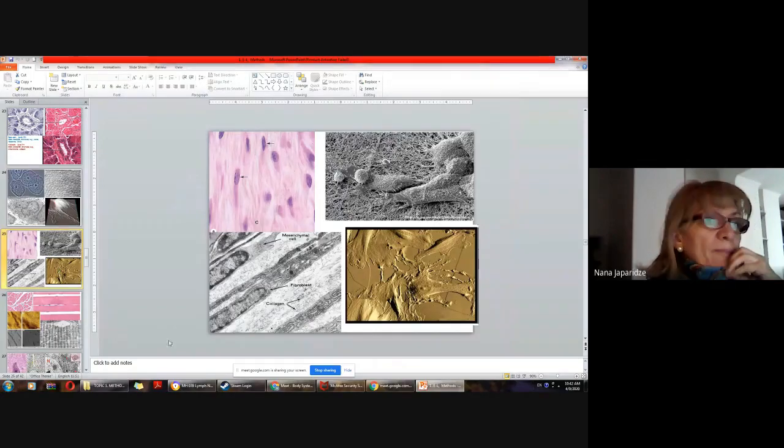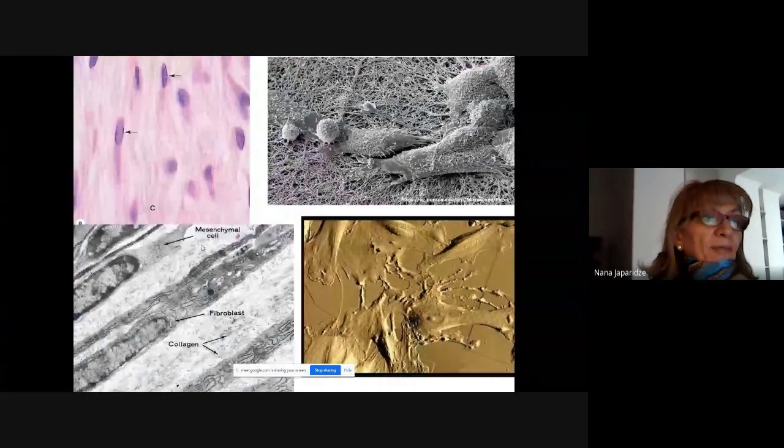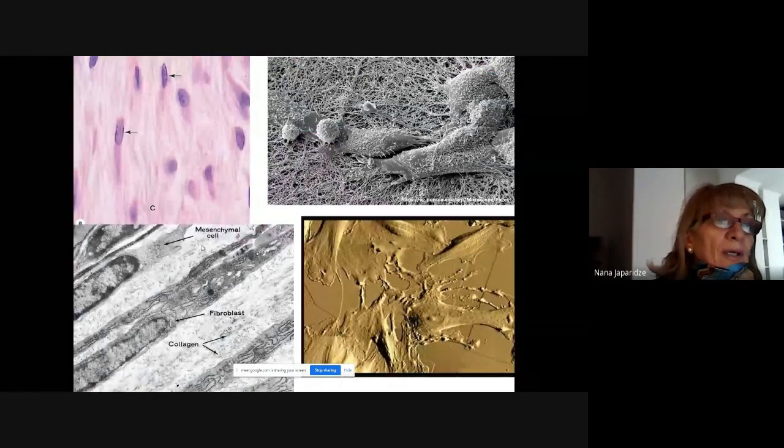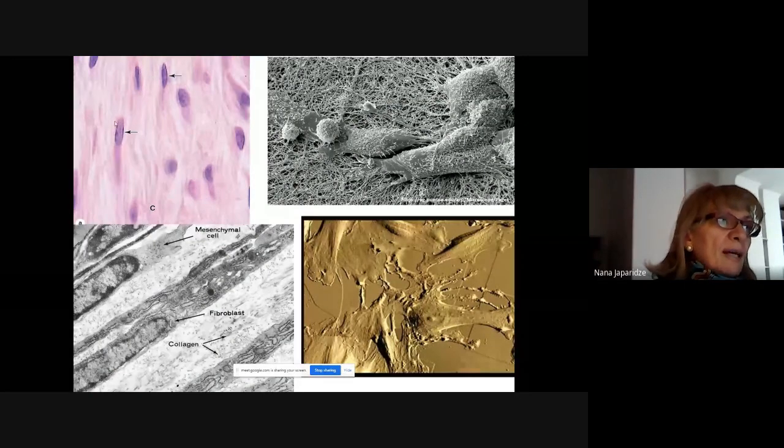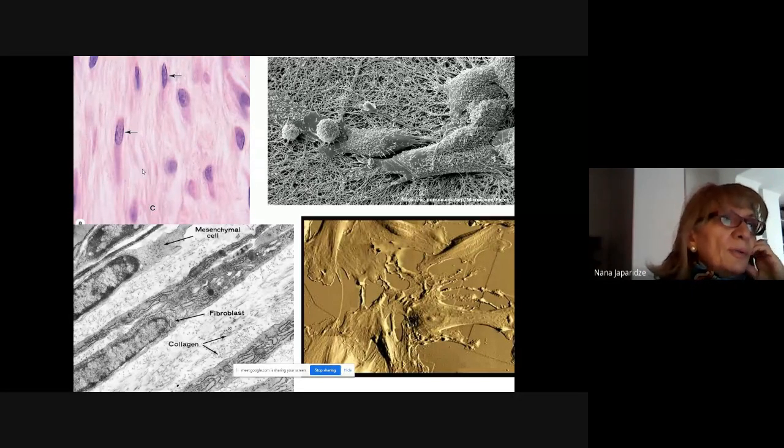Okay, another tissue. Look, this is connective tissue. Connective tissue contains a lot of extracellular matrix and contains cells in the matrix. These are fibroblasts, the main principal cells of connective tissue.